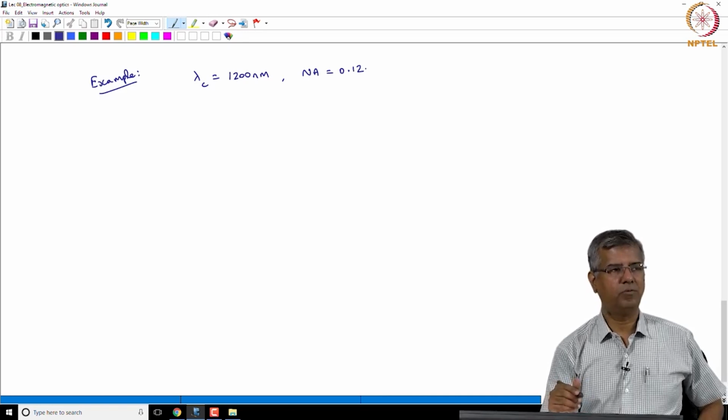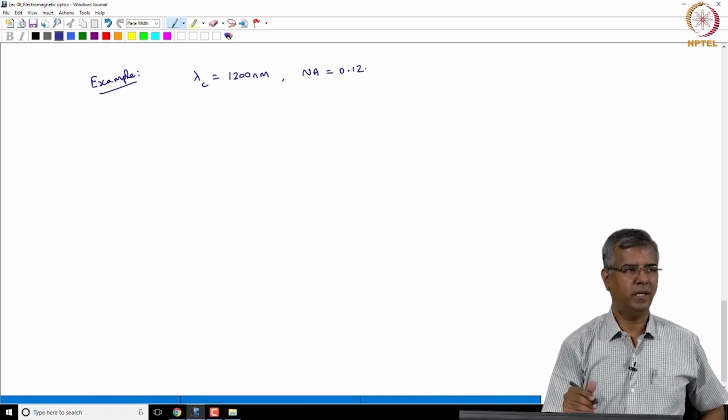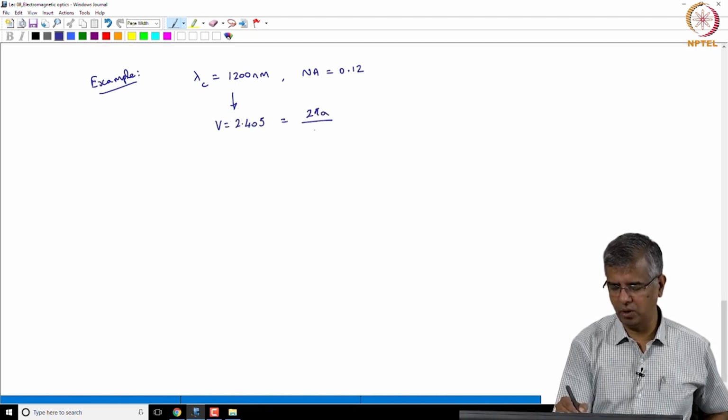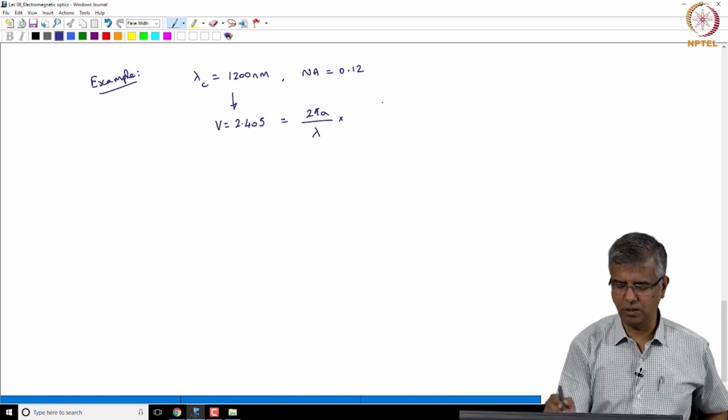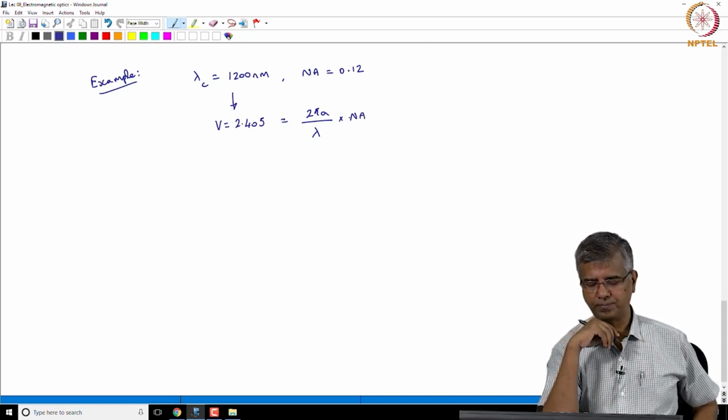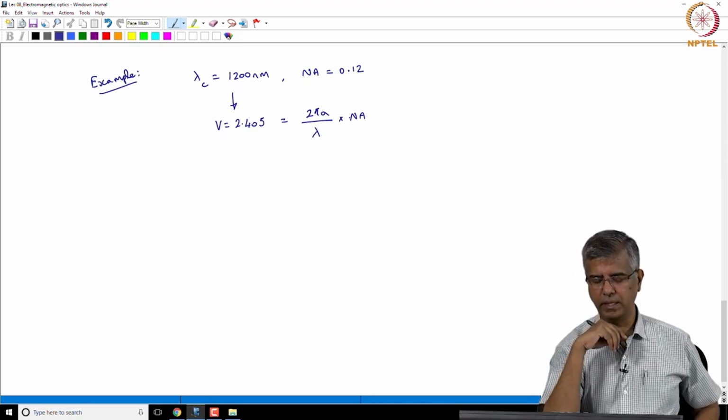So, at the cutoff wavelength, what is the V number? V equals 2.405, which is actually given by 2 pi a over lambda multiplied by root of n1 square minus n2 square, which you can write as the numerical aperture of the fiber. Okay.